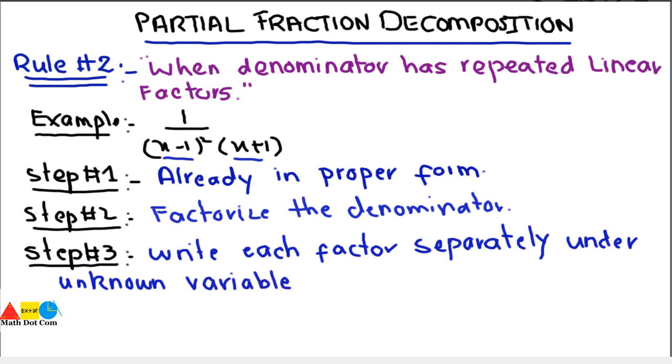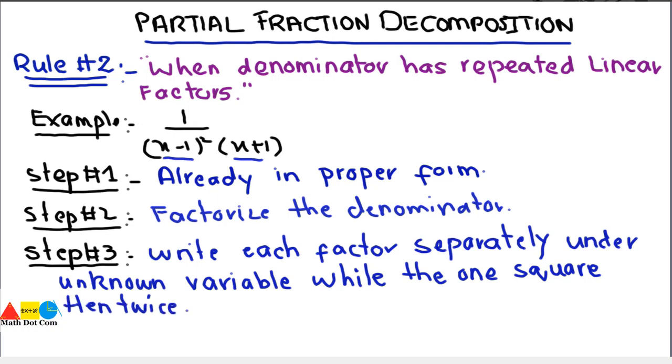The difference is that the factor that is repeating, the one with the square, has to be written twice with a different variable. This is the only step where the rules differ from each other. All four rules differ from each other in step number 3.